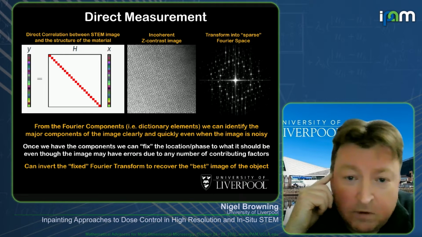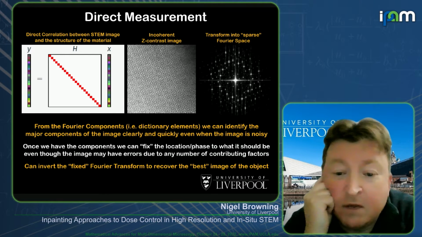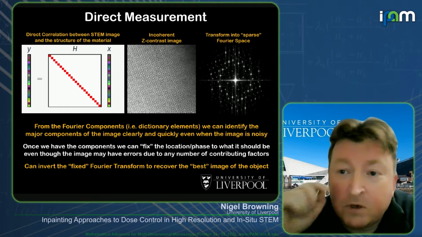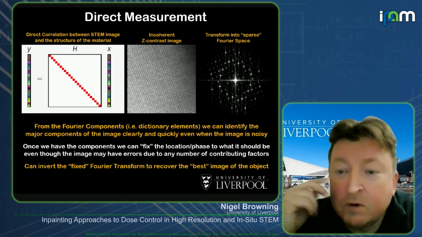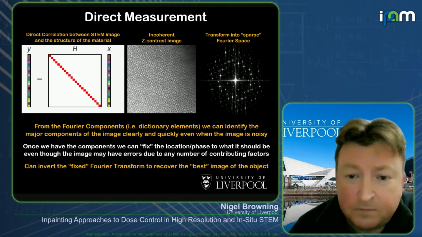You can see in the middle it's got a very pretty atomic arrangement, so there are atoms all over the place, different elements involved in looking at that. And the Fourier transform, which is the transform into, if you like, the sparse Fourier space, is on the right-hand side.